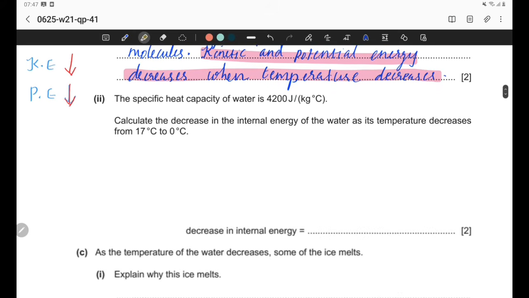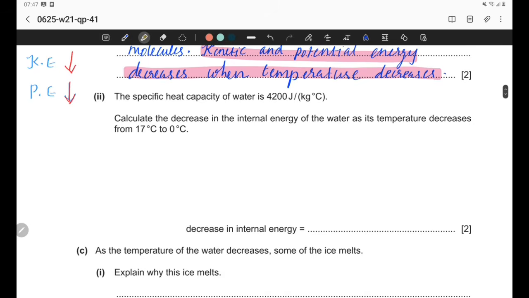Part 2. The specific heat capacity of water is 4200 joule per kilogram degree Celsius. Calculate the decrease in internal energy of the water as the temperature decreases from 17 degrees Celsius to 0 degrees Celsius. So here the temperature drop is given. We can find delta T, the difference in the temperature. Specific heat capacity C is given.